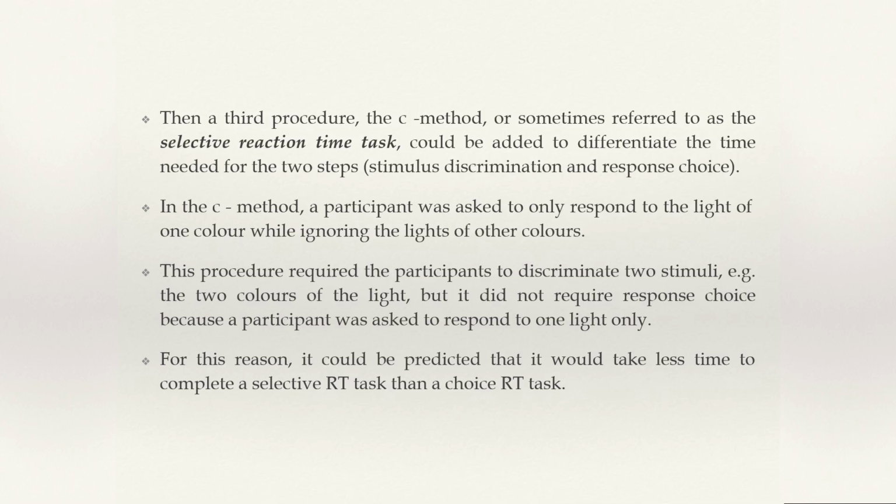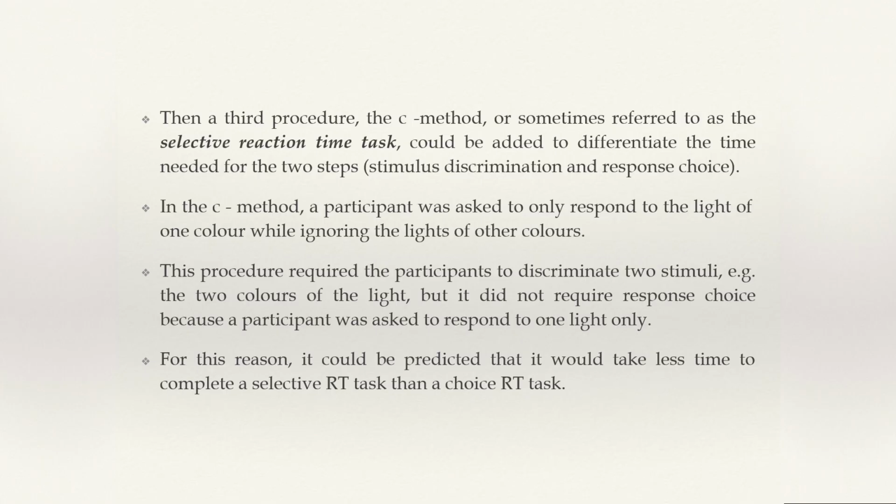So, for example, respond only when you see a red light, don't respond when you see a white light. So, you can see this C method actually goes in between A and B. Alright. This procedure requires the participant to discriminate between two stimuli, the two colors of the light, but it does not require response selection because a participant has to respond to one kind of light only.